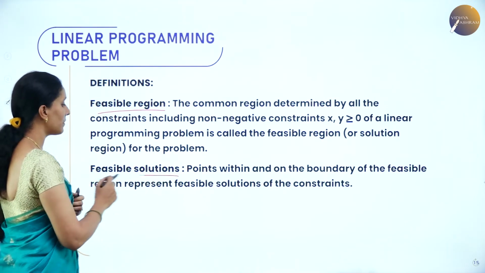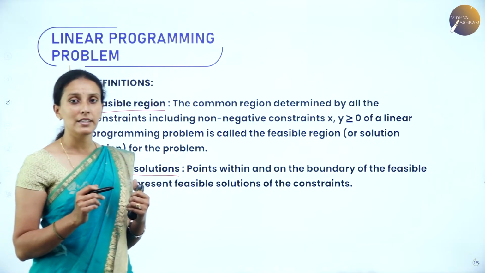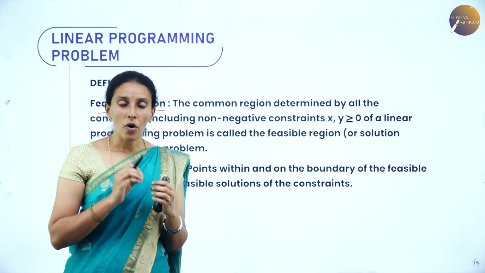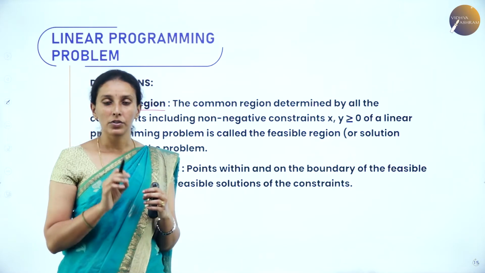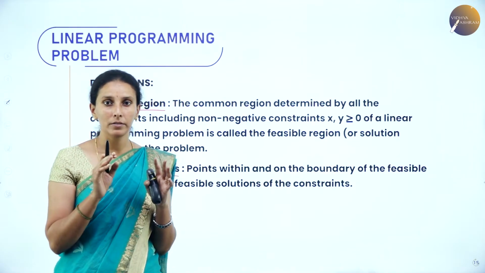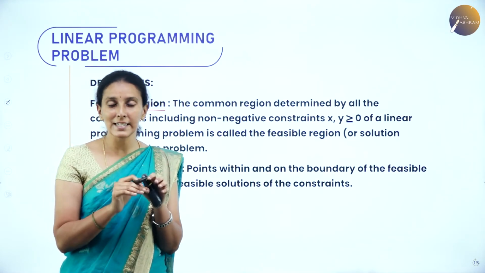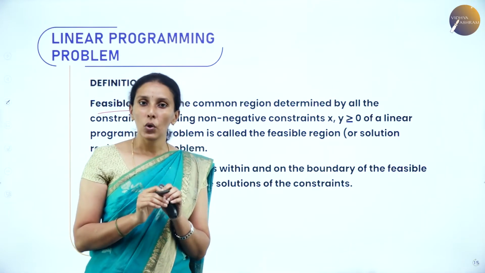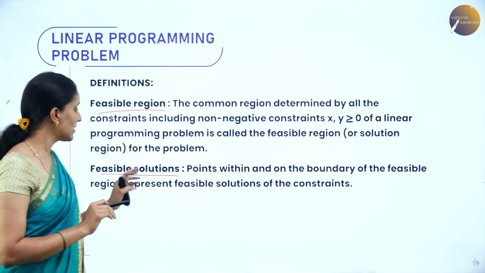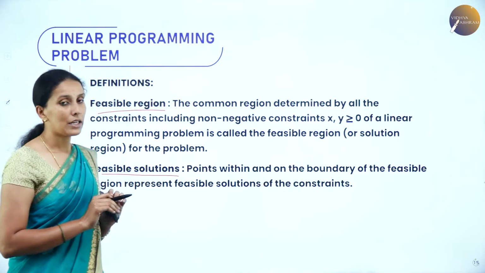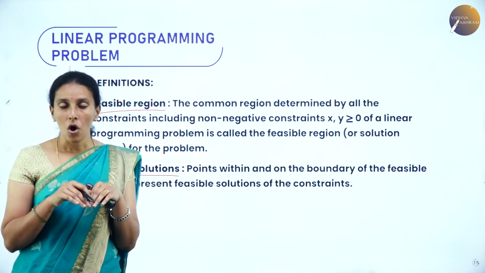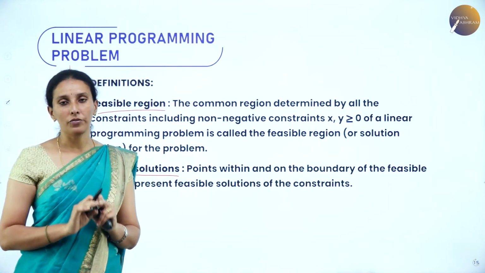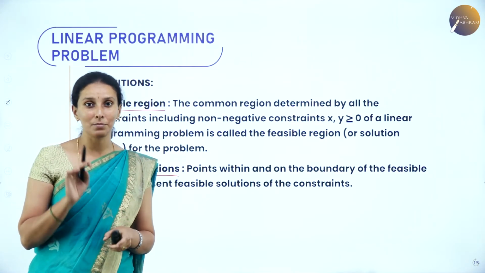Next is feasible solution. So what is a feasible solution? The points in the feasible region, which may be on the corner or inside the feasible region, are called feasible solutions. That is, the points within or on the boundary of the feasible region are called feasible solutions.